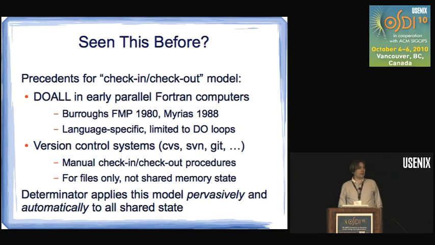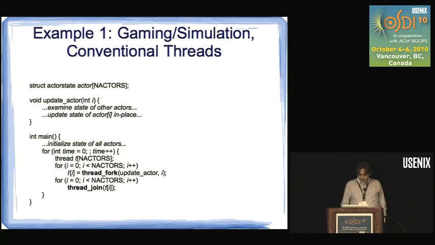Basically, Determinator is just trying to take this concept and see what happens if we apply it throughout the system. To give you an idea of how this might affect ordinary life when you're developing applications for such a system, I'm going to present two simple examples. They're schematic, but I hope they'll illustrate the key points.